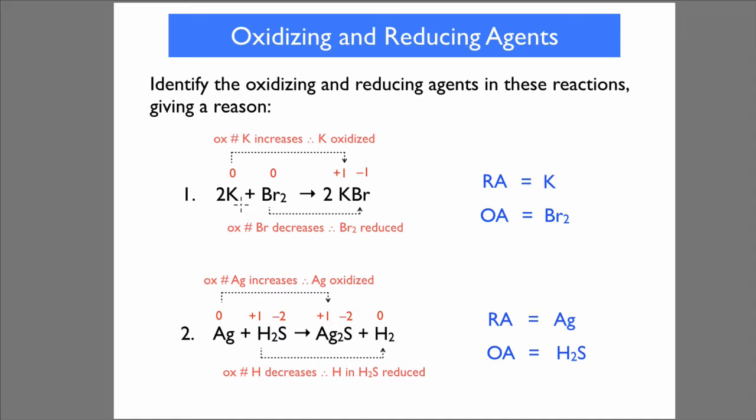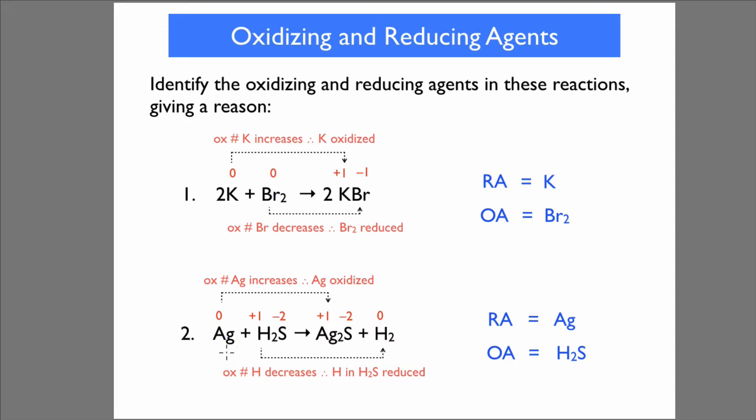Well, we've got potassium, 0, oxidation number of potassium increases to +1, therefore it's oxidized. Therefore, if the potassium is being oxidized, then this must be the reducing agent. The oxidation number of bromine decreases from 0 to -1, therefore bromine is being reduced, therefore the oxidizing agent must be the bromine.